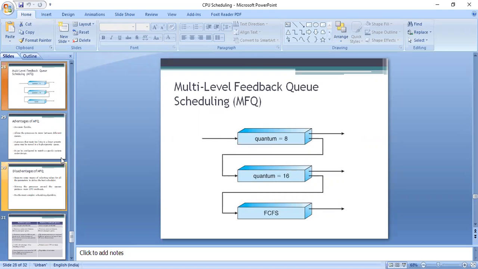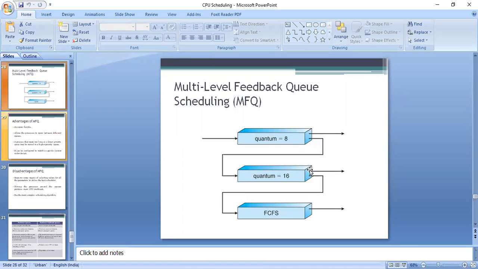The next very important scheduling algorithm we have is multilevel feedback queue. So when we are talking about multi-level feedback queue scheduling, it was actually established to overcome the problems that were faced in multi-level queue scheduling.